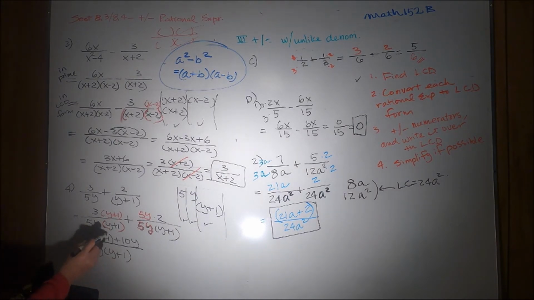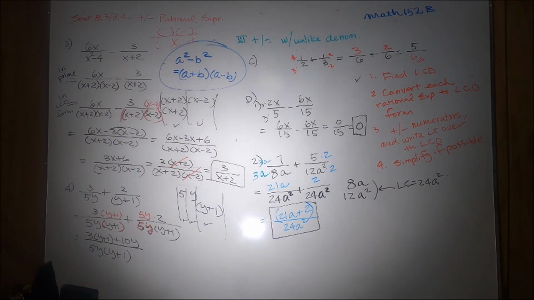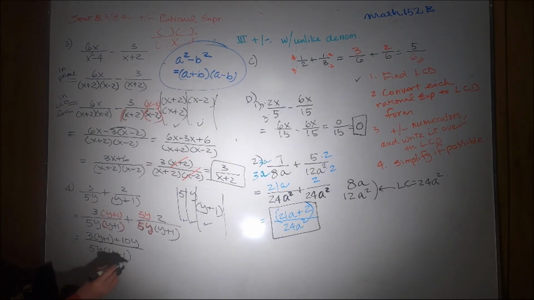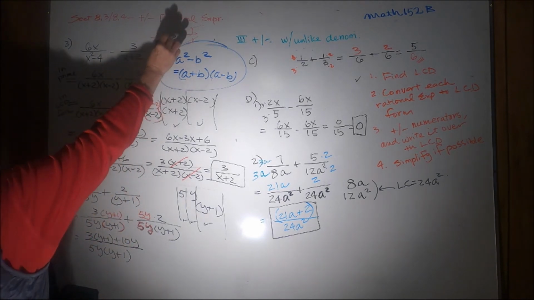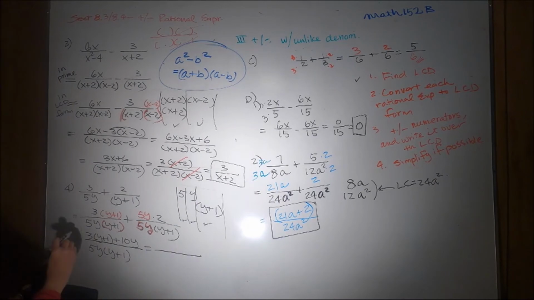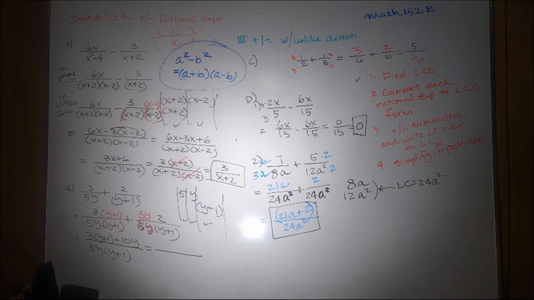Do you cancel y plus 1 at this point of time? I keep repeating. Don't do that. This is all multiplying. This part you have adding, then it's now all multiplying. You cannot cancel part of it, unless it's factoring form or multiplication. Then you need to combine the top.